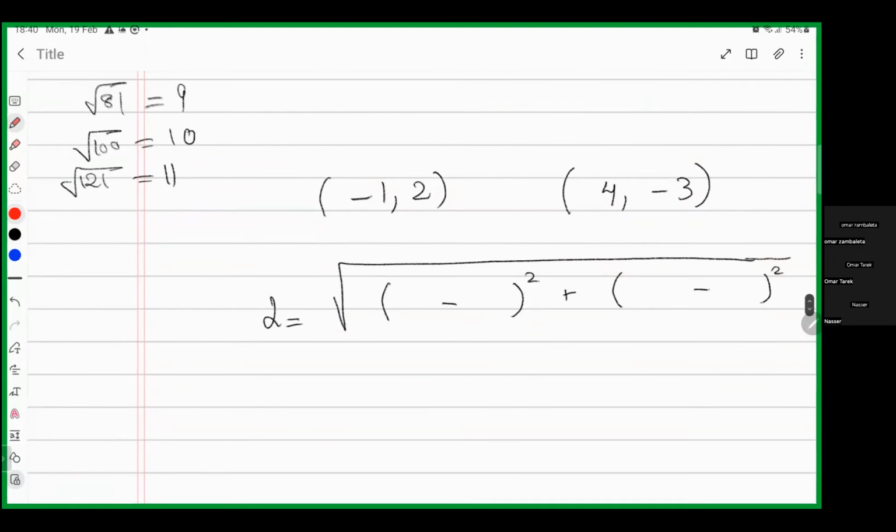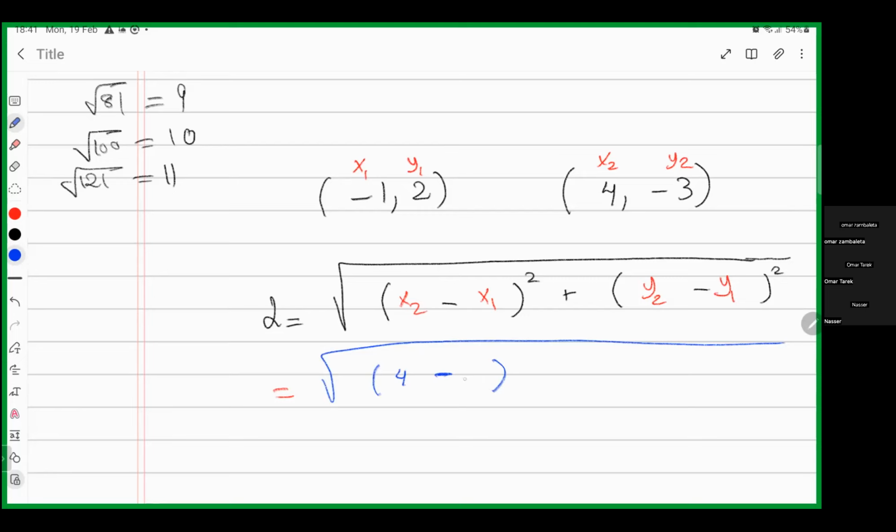So any 2 points have x1, y1, x2, y2. Subtract. x2 minus x1 plus y2 minus y1 also. So it is equal to the square root of x2. Where is x2? 4. 4 minus x1. Where is x1?